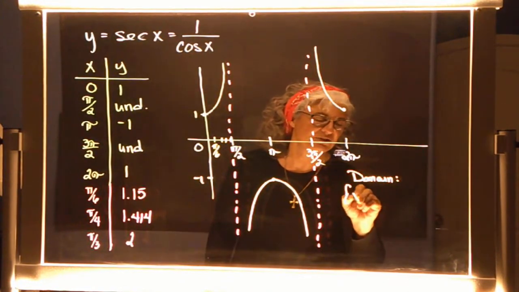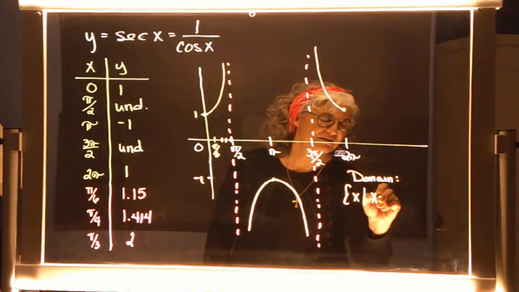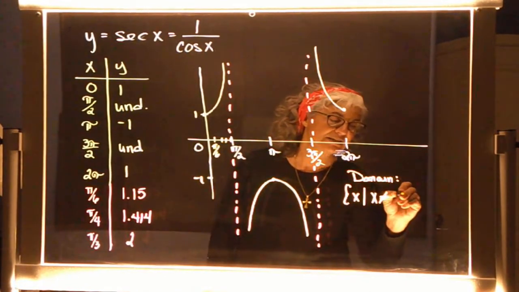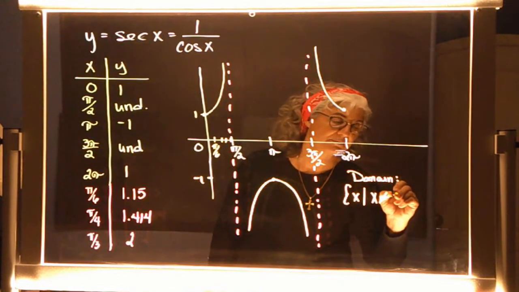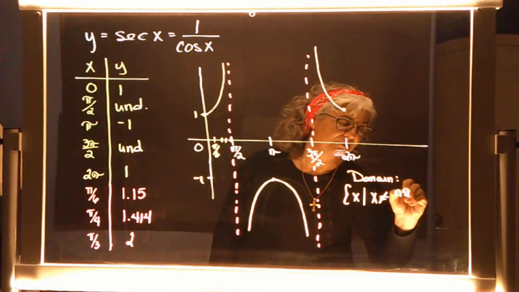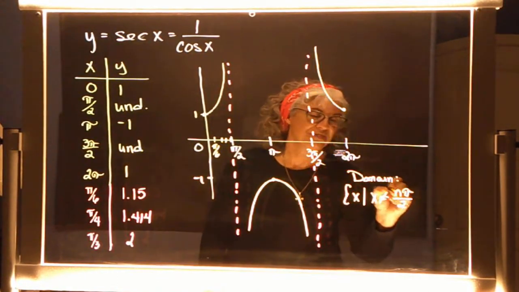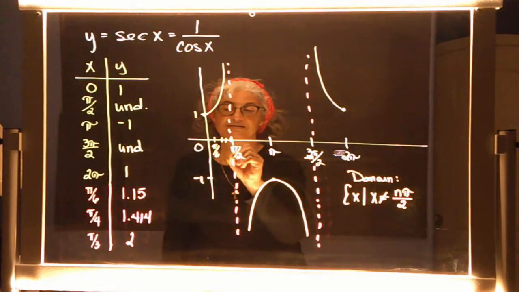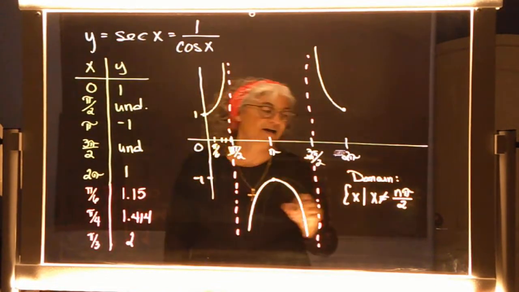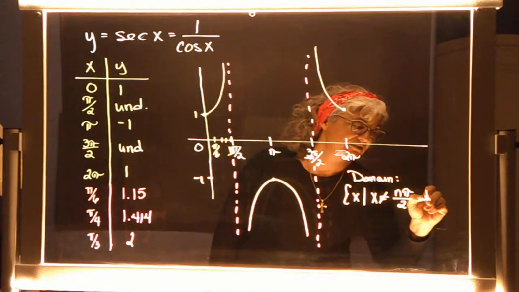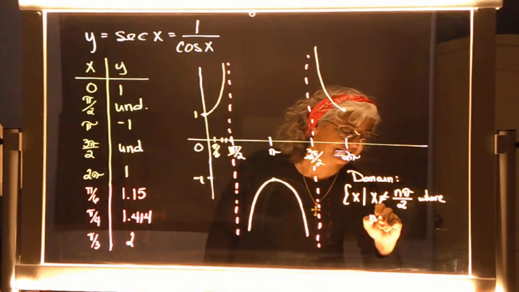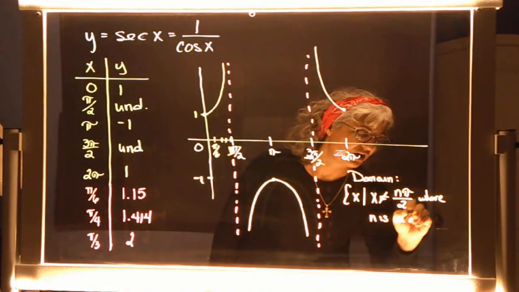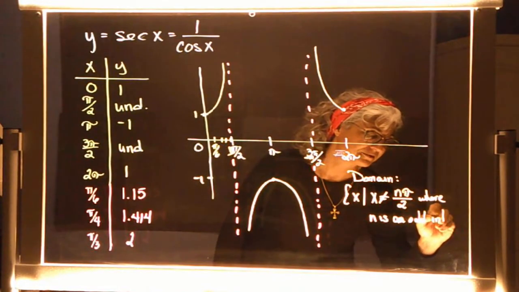In this particular case, it's the set of x such that x can't equal something with a pi over 2 in it, right? But it's n pi over 2. And the numbers in front of these pi's are odd, where n is an odd integer.